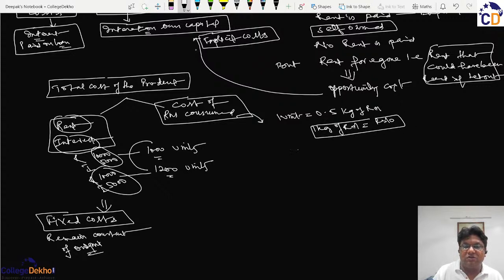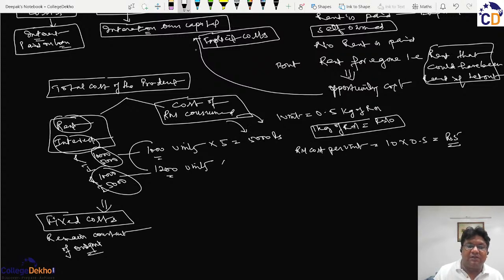So it denotes that the raw material cost per unit will be 10 into 0.5, that is rupees 5. So it will imply here that the cost of raw material in case of 1000 units shall be 5000 rupees, and in the case of 1200 units it shall be 6000 rupees.